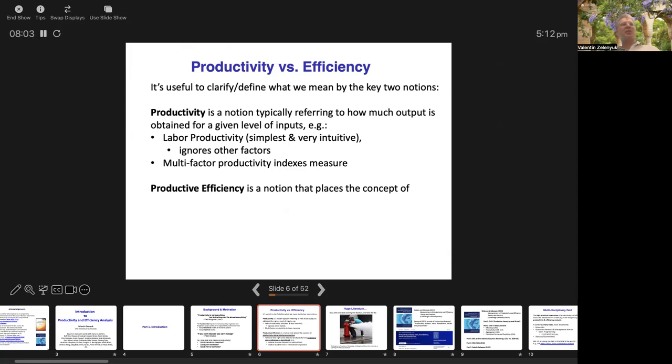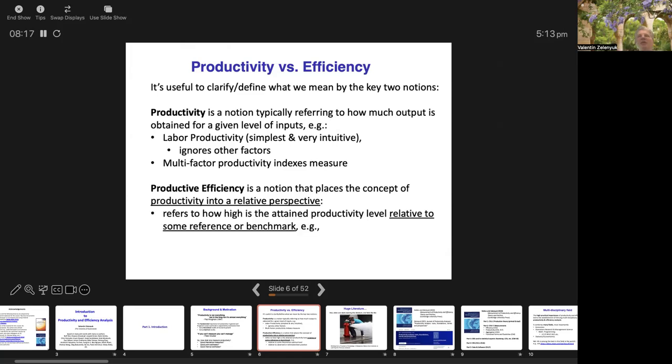Okay, but all of them are basically taking the notion of productivity and putting it into a relative perspective. So when I hear the word efficiency, that means immediately it's related to something, relative to something. What is that something? Usually it should be some benchmark chosen relative to which we want to measure that efficiency, okay?